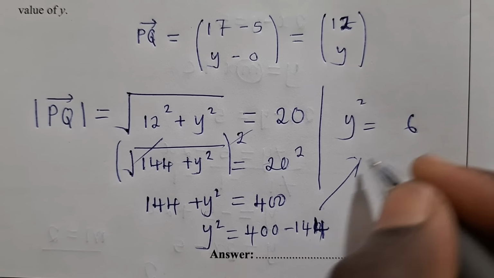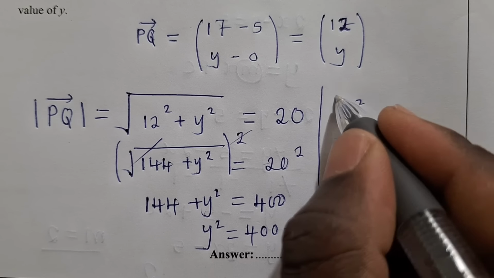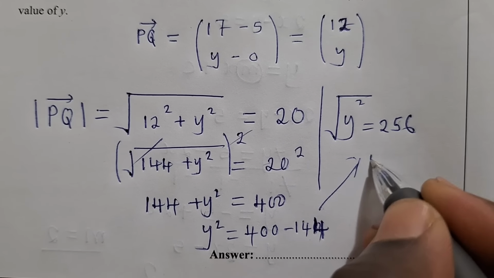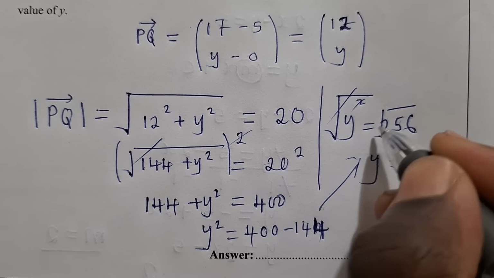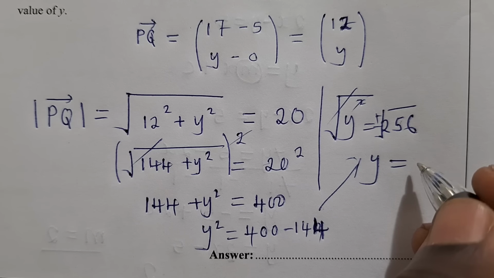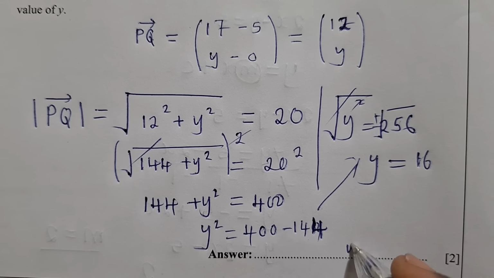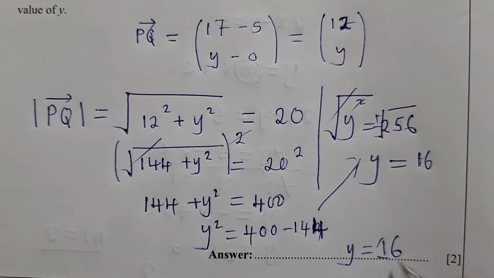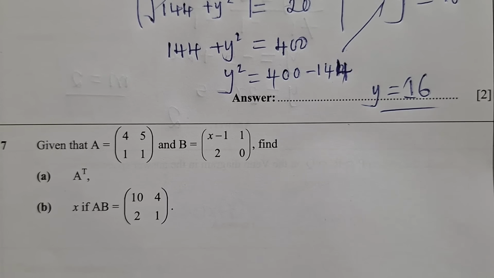So this will be a 6, here a 5, here a 2. Okay? To get rid of the power 2 here, we square root. So the power 2 and the root will go. Square root of 256 will just be equal to 16. So the value of y is equal to 16. Okay? We go to the next question.